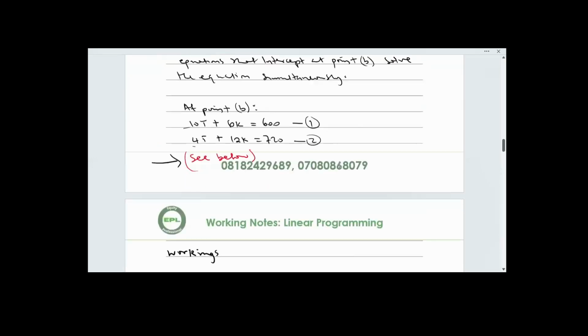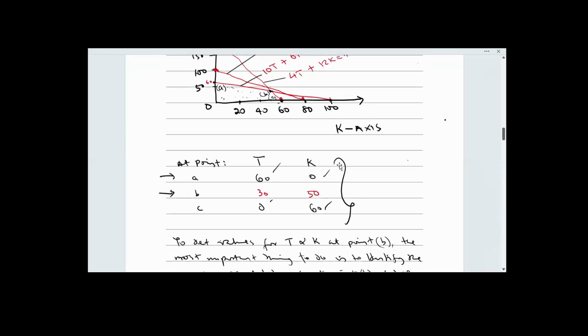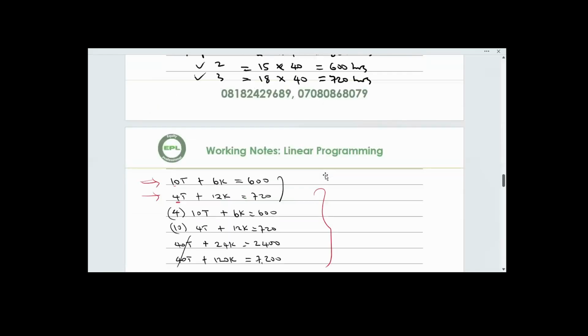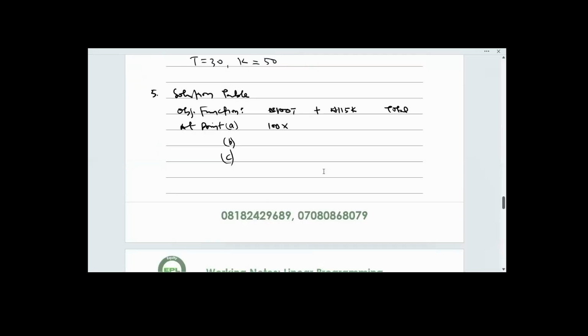At point A, the value of T is 60, value of K is 0. So I'm going to multiply 100 by 60, 115 by 0. So T is 60 plus 115 multiplied by 0.